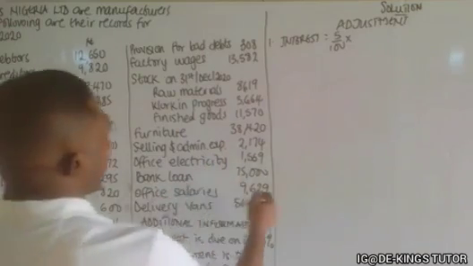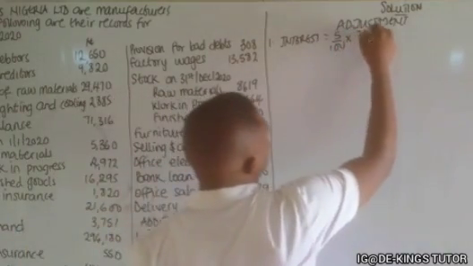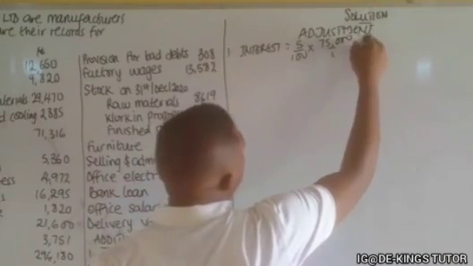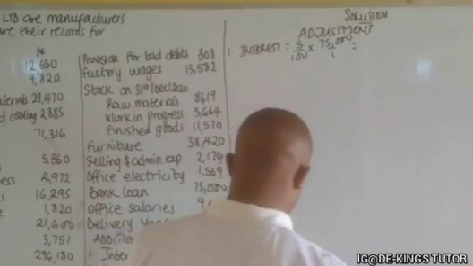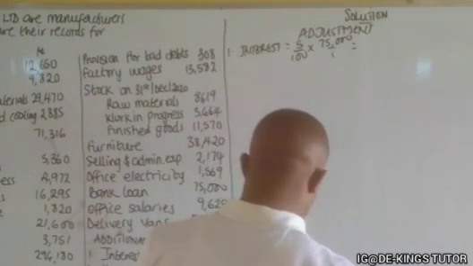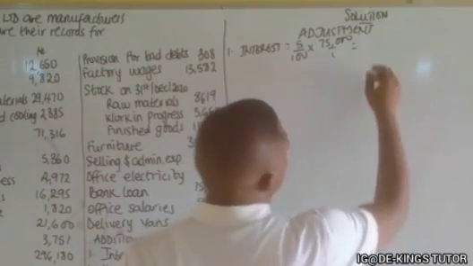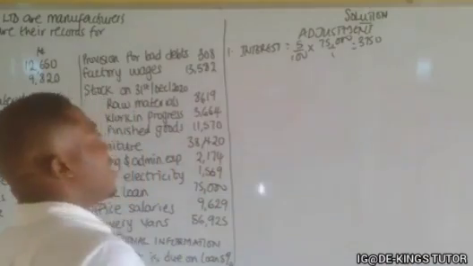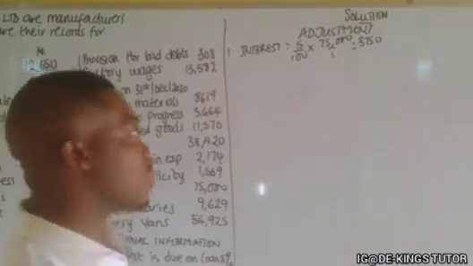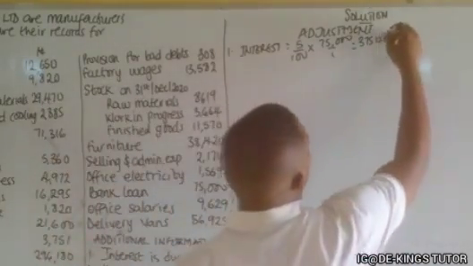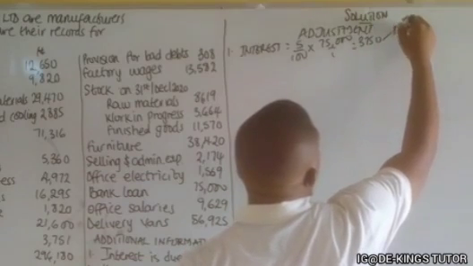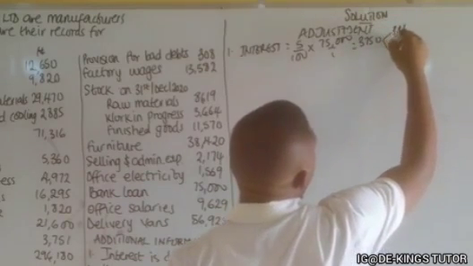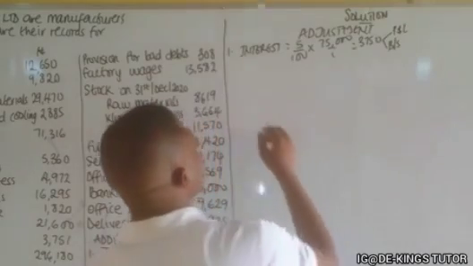Bank loan 75,000. So 5% of 75,000 gives us 3,750. That is the interest they're supposed to pay. So this amount will go to the profit or loss account as an expense and to the balance sheet under current liabilities.